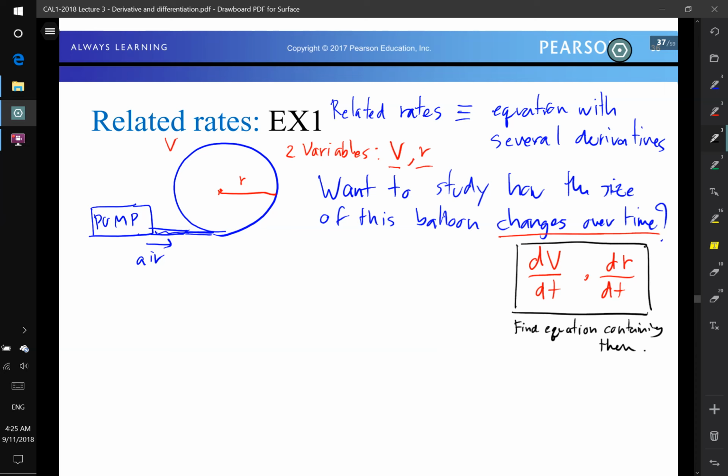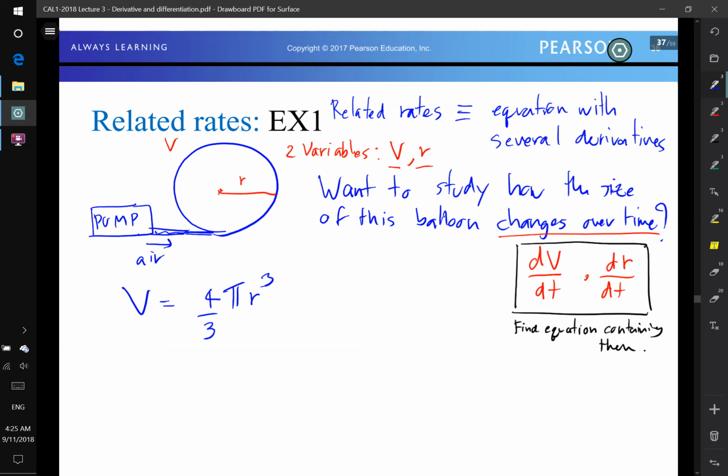In order to do that, we are going to use something that we have known for a long time, probably from high school. From high school, we know that the volume of a sphere is equal to 4/3 pi r cubed. Okay, this doesn't look good, so let me erase this. Right, yeah, looks better.